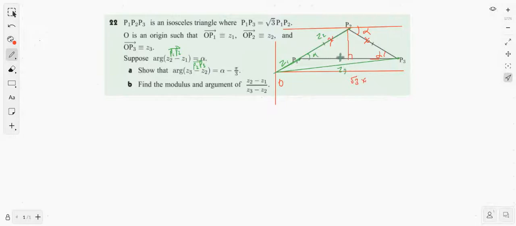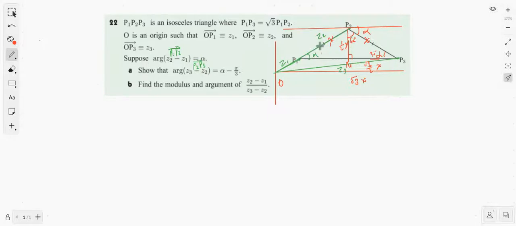But then we divide this by half. This half part, let's say this is M. M to P3 becomes square root of 3 over 2 x. If this is x and this is square root of 3 over 2 x, then this must be 1/2 x. This is a special right triangle, 30, 60, 90. So in that case, this must be 60 degrees and this must be 30 degrees. So alpha is 30 degrees.